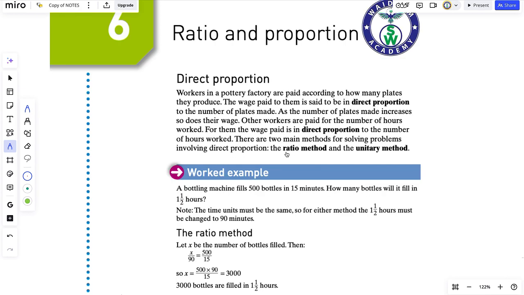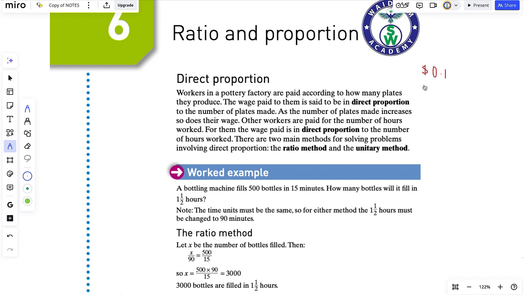Now let's take a look at an example of a direct proportion. In a factory, workers are paid based on the number of pots they produce, so when they produce more, they get more money. That's a direct proportion. Let's say the cost to make one pot is $0.1.